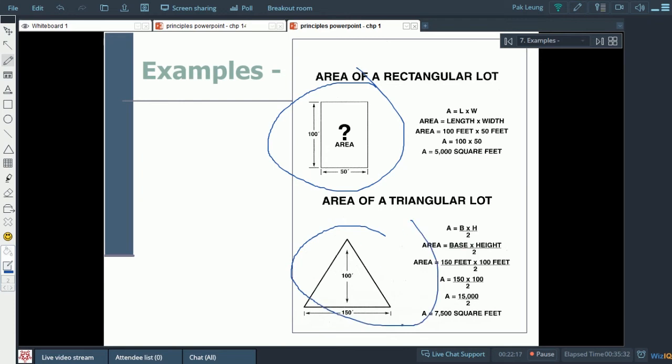So this is how you do the rectangle. This is how you do the triangle. Now, when you look at this triangle, how do I get half? It's not like this. But when you build up the walls of this, this is half of the total area.